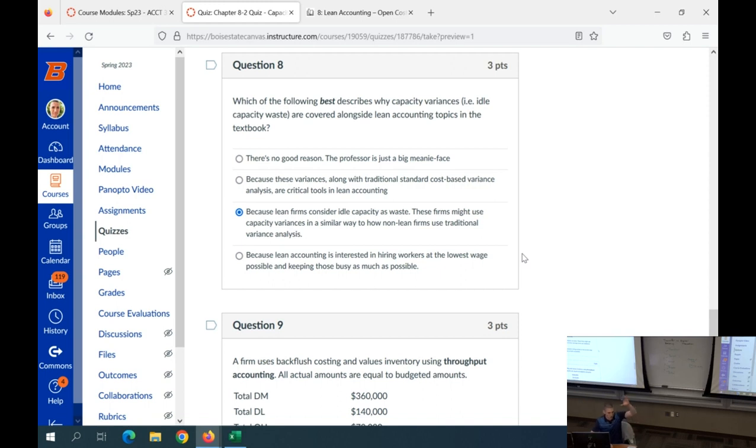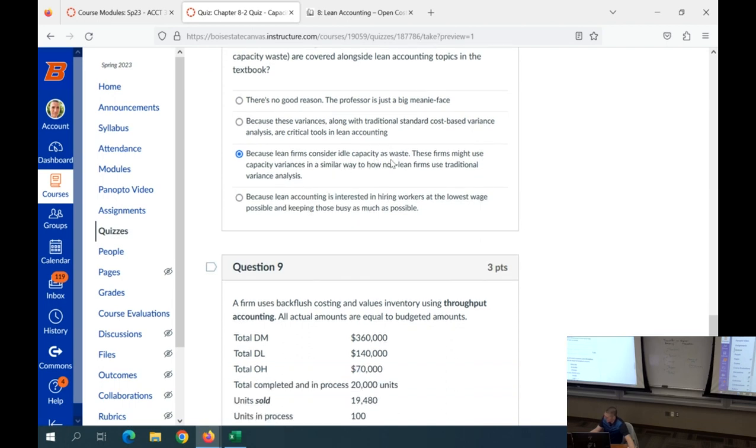They're part of the value stream of providing value to the customer, which is the reason you're in business. And so you don't just want to pick randomly the lowest wage possible for workers and work them to death. That seems unproductive. We're acknowledging the fact that you're going to have some level of idle capacity, but you want to, over time, economize those through a process of continuous improvement. All right, so it's going to be C right here.